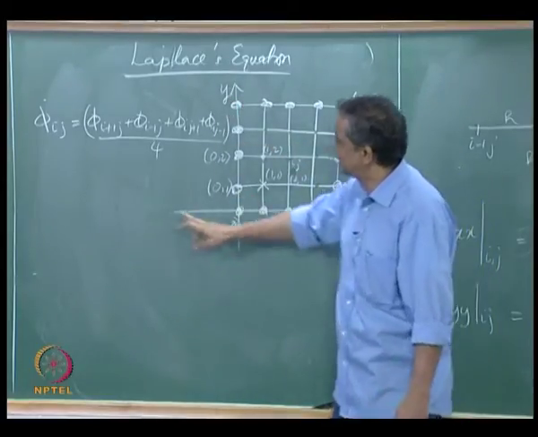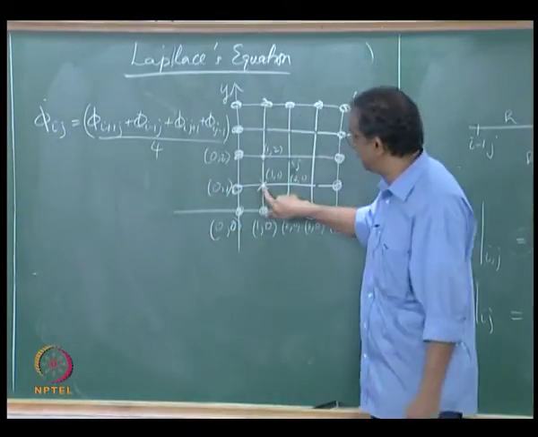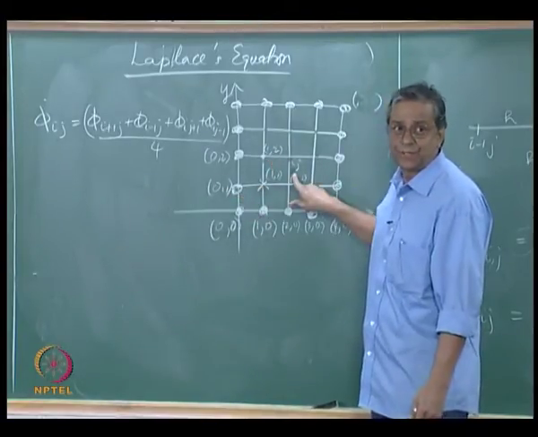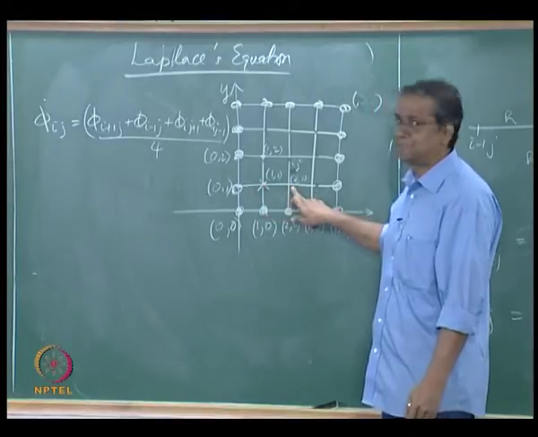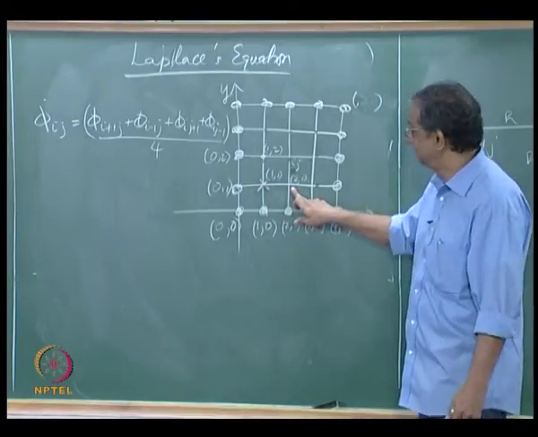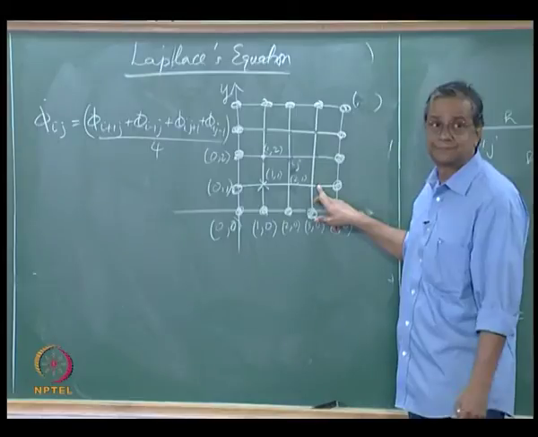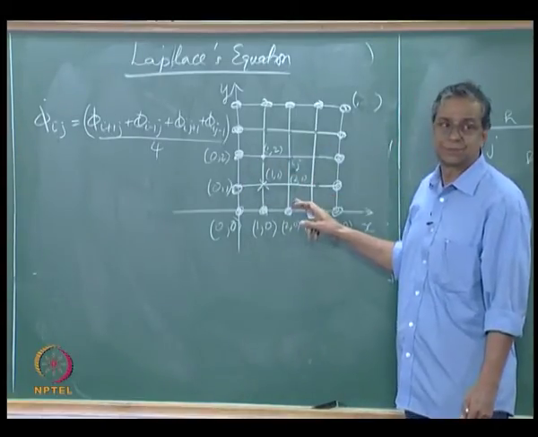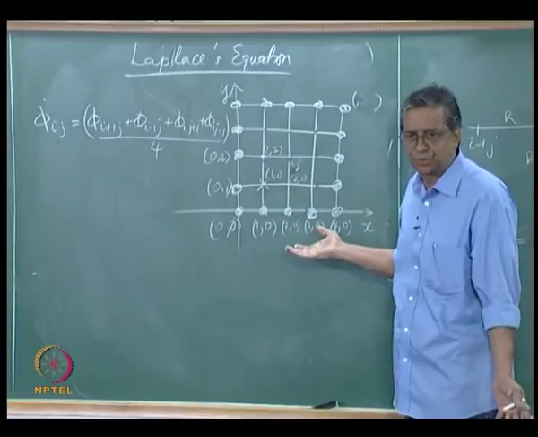Okay. So you can find phi ij at any given point by taking the values of the neighboring points. Then you can go to the adjacent point, take the values of the neighboring points, you understand, and you can do this for all the interior points. You do not touch the boundary points because the boundary points are known already.